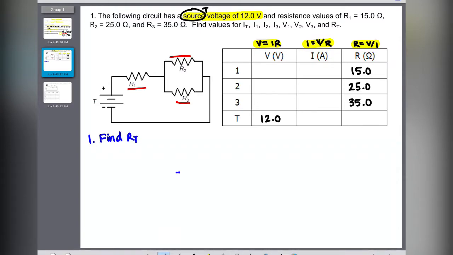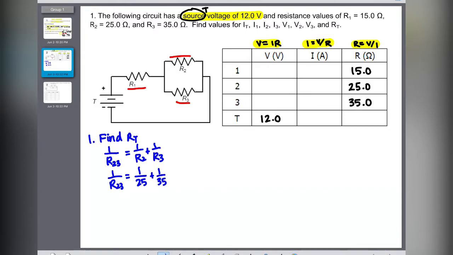To do that, the first thing I would do is find R2 and 3 together, and we already talked about how to label them. R23 means the total resistance for 2 and 3. Because they are in parallel, I'm going to use the parallel equation. So 1 over R23 equals 1 over R2, which is 25, plus 1 over R3, which is 35.